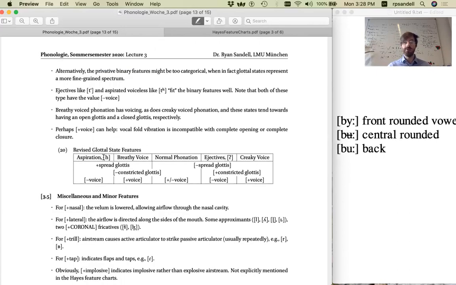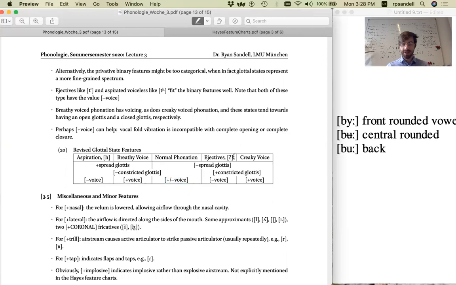revise these phonation types with the chart in 20, where we have the voiceless spread glottis aspiration, the voiced spread glottis sounds of breathy voiced, normal phonation, which has neither spread glottis nor constricted glottis, and which could be voiced or voiceless. So there, the vocal folds can vibrate as they will.